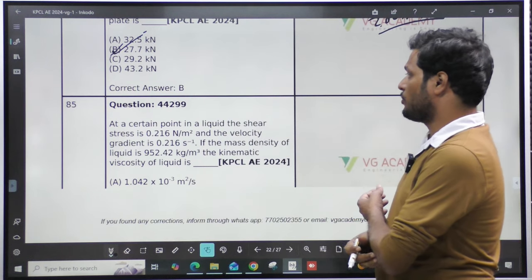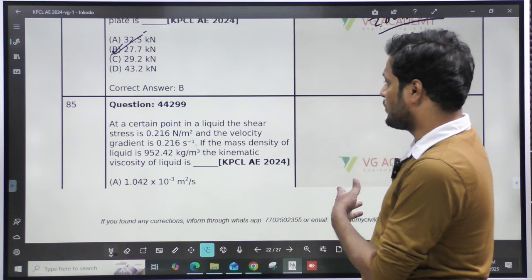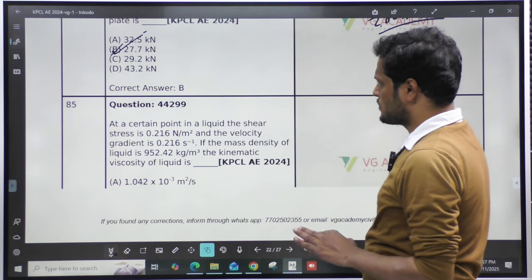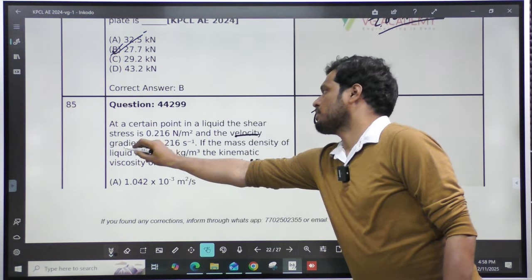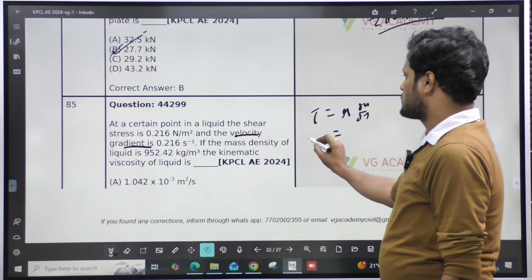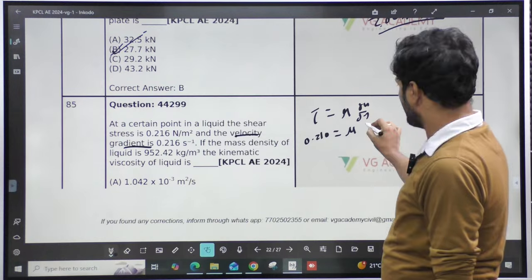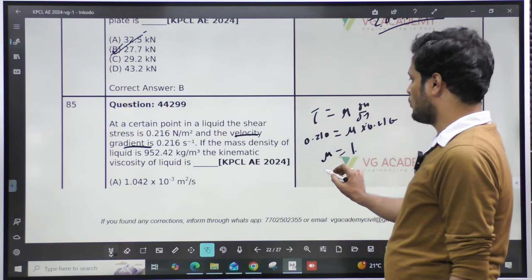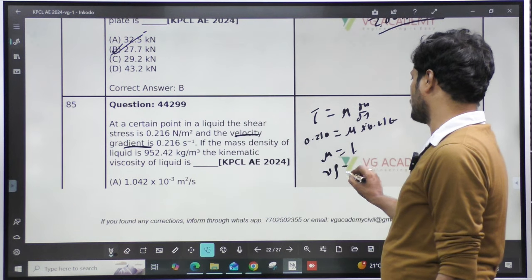At a certain point in liquid, the shear stress and the velocity gradient and mass density are given, the kinematic viscosity will be. So shear stress is given, velocity gradient dou u by dou y is given. So 0.216 is equal to mu into dou u by dou y, same 0.216. So mu is nothing but kinematic viscosity into rho.